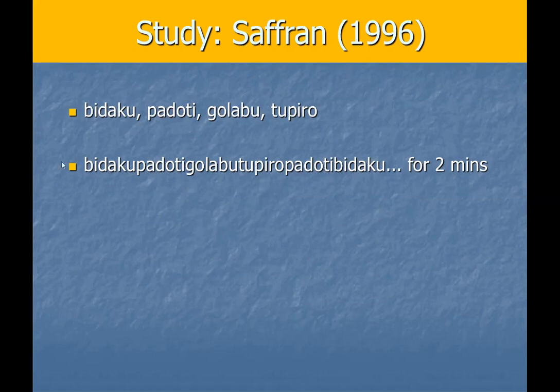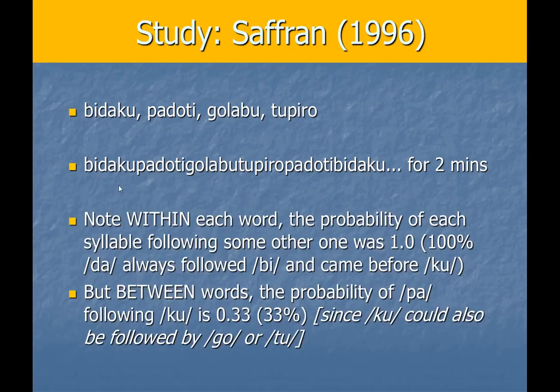So they got 2 minutes of those 4 words. And what I want you to notice, in terms of understanding how these babies were able to break this continuous stream up and recognize what is words and what is not words, is that there's a statistical pattern here. Within each word, like this word Bidaku, the probability of each syllable following some other one is always 1.0, 100%.